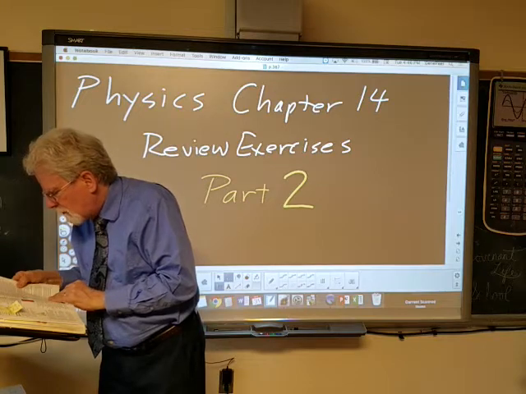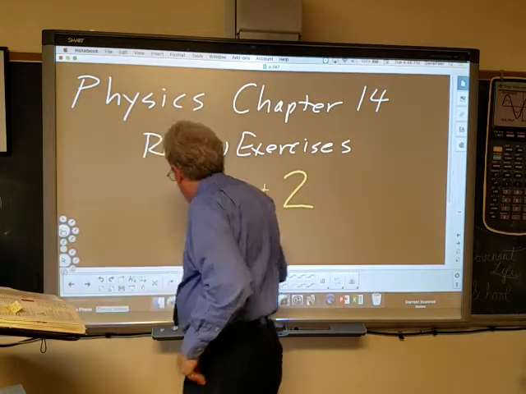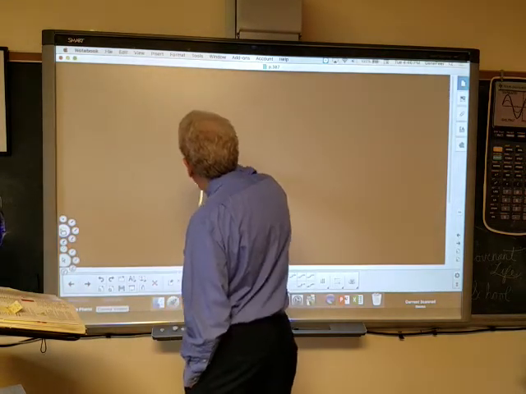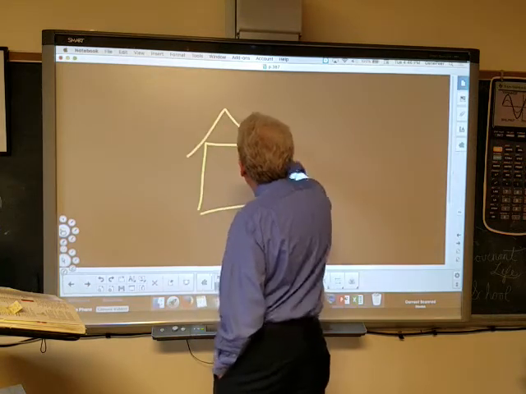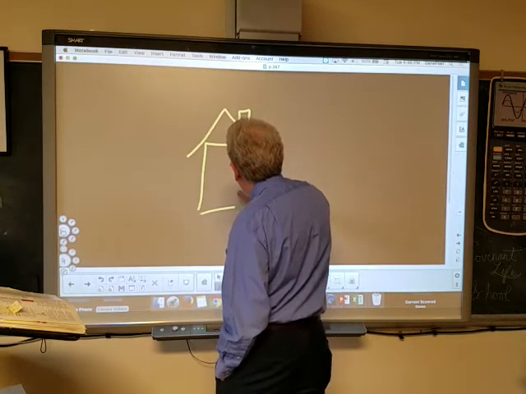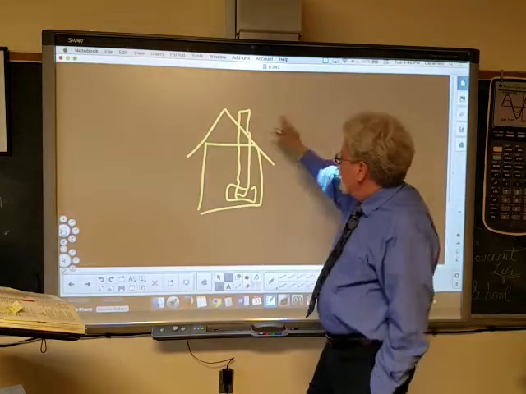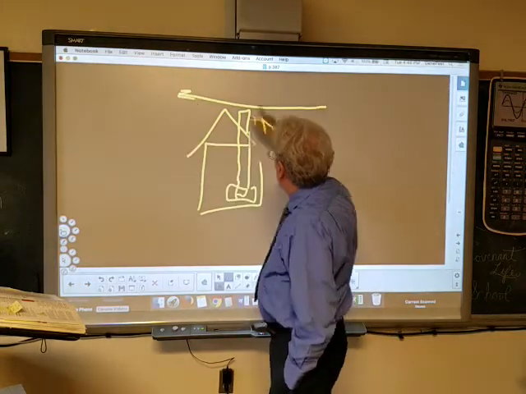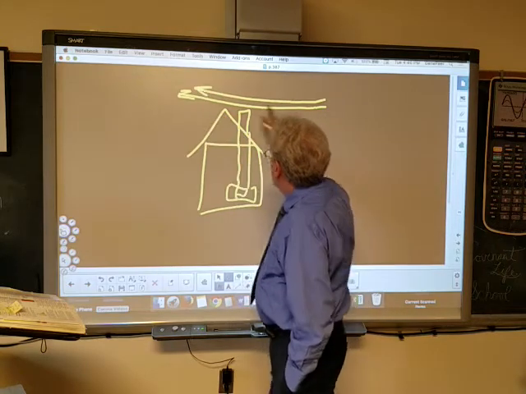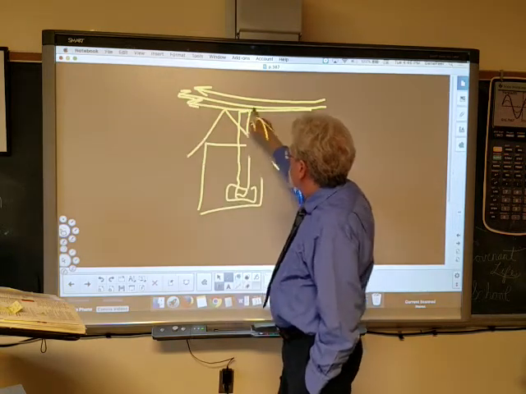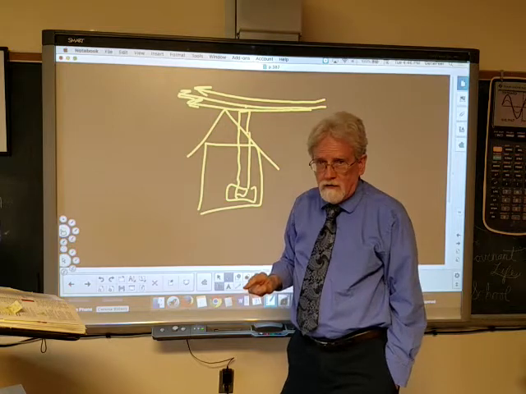Number 38. Why does a fire in a fireplace burn more briskly on a windy day? You've got your house sitting here, and a chimney that goes down to the fireplace inside the house. When the wind blows, it goes across the top of the chimney. That fast-moving air creates low pressure there.